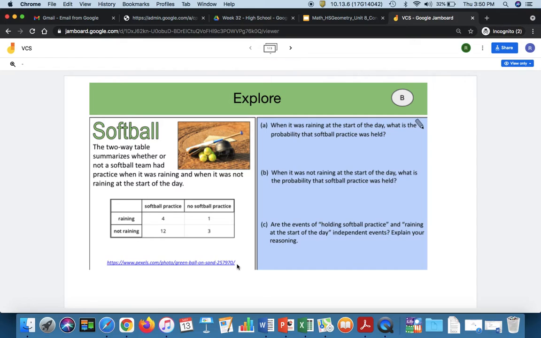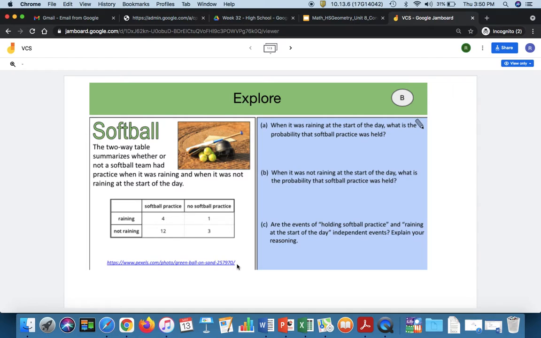So as we read our first question on softball, we are told that the two-way table summarizes whether or not a softball team had practice when it was raining and when it was not raining at the start of the day. Our first question is, when it was raining at the start of the day, what is the probability that softball practice was held?